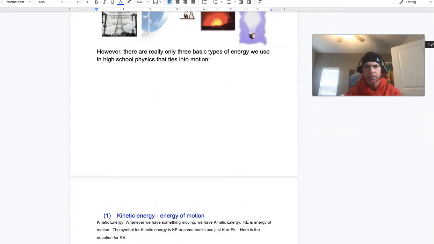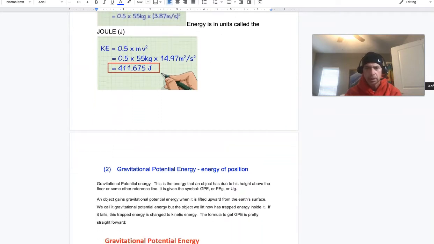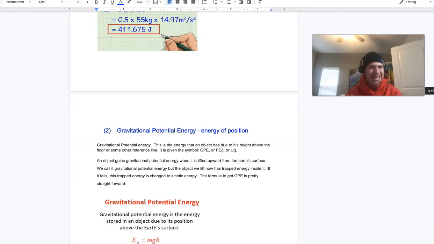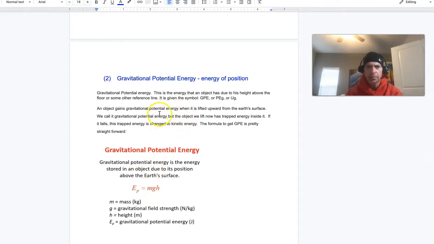Well, there's another type. We said there were maybe three types of energy that are important, at least in a physics class. The second type is called gravitational potential energy, and this is given the symbol GPE or PE subscript G or U sub G. I typically will use GPE, but it depends on the book and the website, etc. Basically we give objects gravitational potential energy when we lift them up in a gravity field above some sort of reference line or reference point.